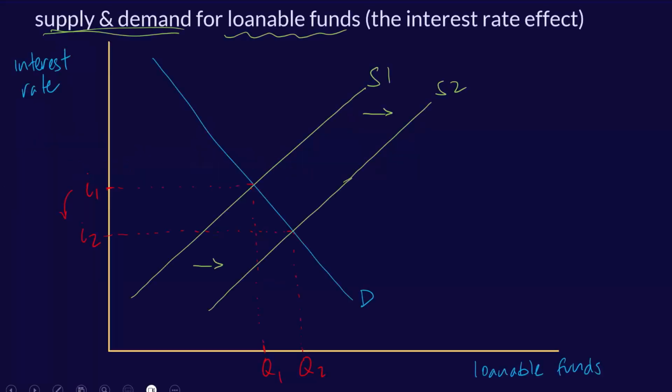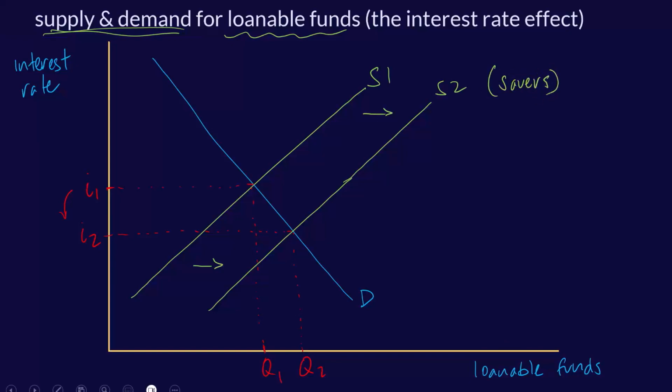Okay, now let's think about one more thing. Depositors put their money into banks. So on our supply and demand for loanable funds, the supply is coming from savers, or at least initially, that's the way we're looking at it.